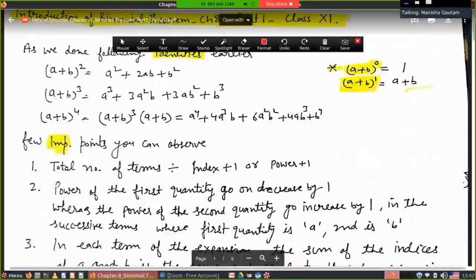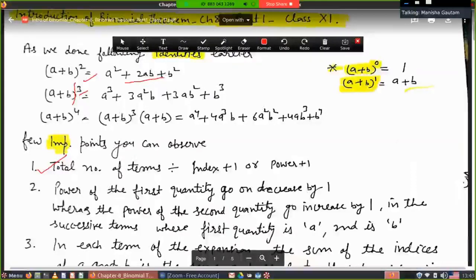Now what you will observe from these? The first point is the total number of terms. Whatever index is given, add 1 to it, and you will get the total number of terms. As you can see above, in the power 2, you are getting 3 terms.